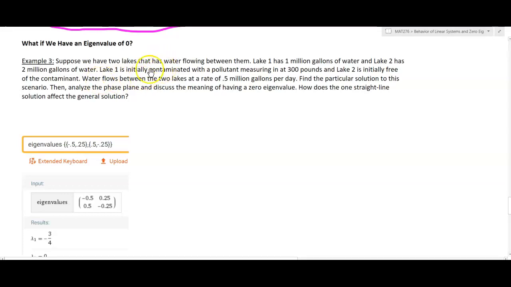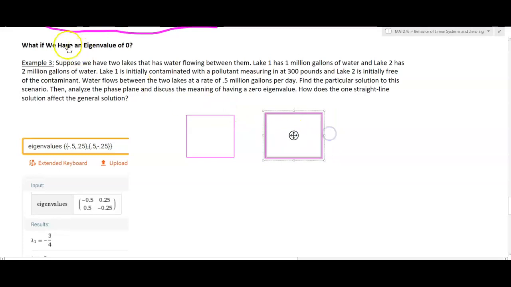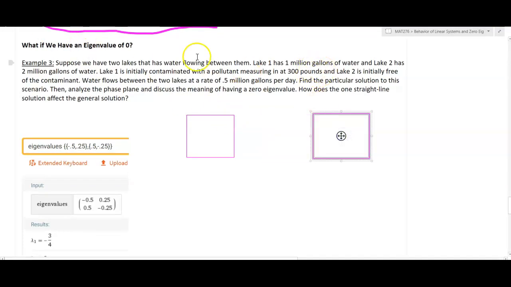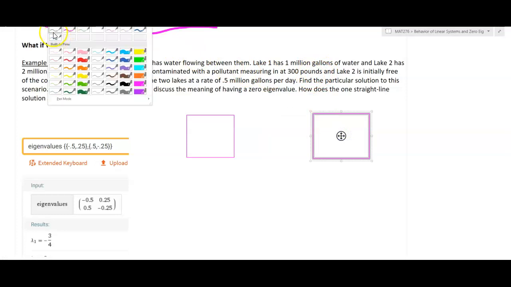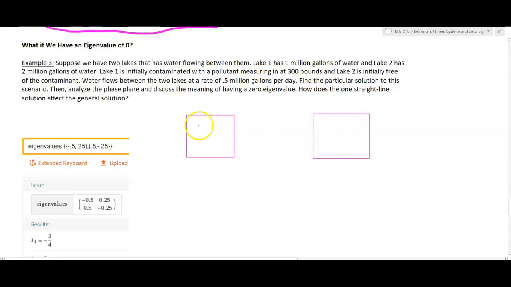Suppose we have two lakes that have water flowing between them. So here's Lake 1, here's Lake 2, and we have water flowing between them. Lake 1 has 1 million gallons of water.